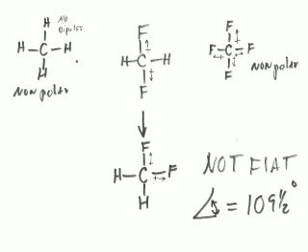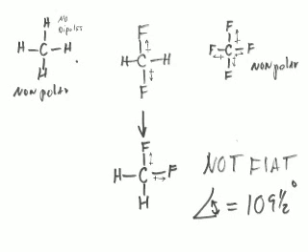If instead we look at carbon tetrafluoride, again the carbon has 4 bonds around it, and so the electrons go into a tetrahedron. In this case, however, we have polar bonds. Fluorine's much more electronegative than carbon, but because the shape is symmetric, it's a tetrahedron, all those dipoles cancel out. And so even though it has polar bonds, the carbon tetrafluoride is a nonpolar molecule.